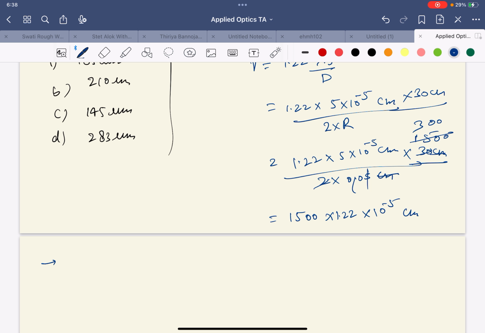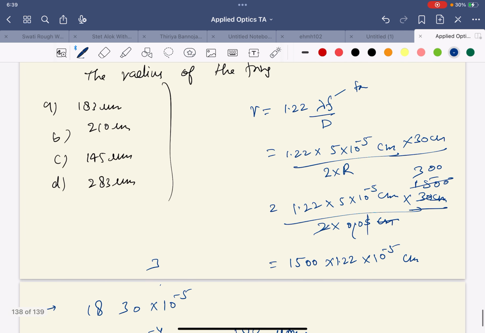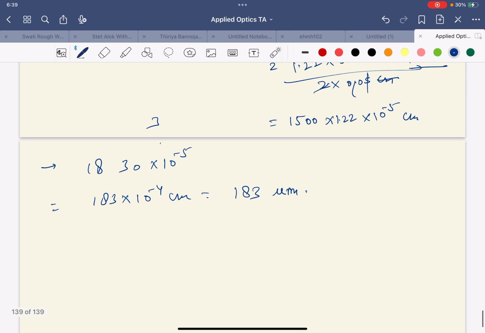So it will be 18 into 10 to the power minus 5. So it is 183 into 10 to the power minus 4 centimeter, which is equal to 183 micrometer. Okay, so our first answer is the right answer.